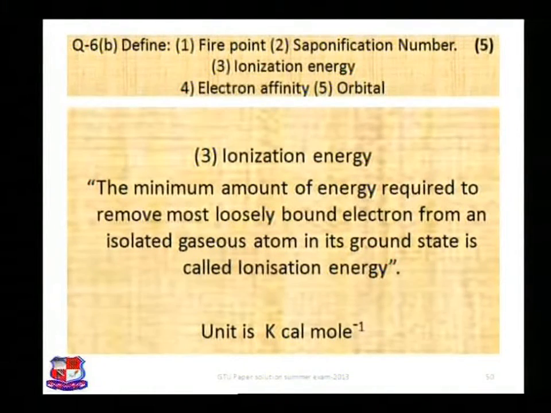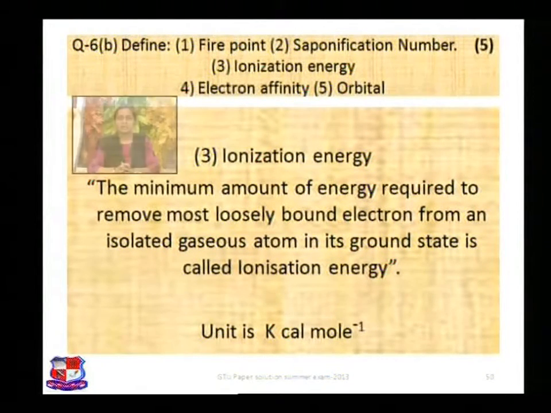Next definition, you can see here, ionization energy. Very important definition that is always asked. Minimum amount of energy required to remove the most loosely bound electron from an isolated gaseous atom in its ground state is called ionization energy.